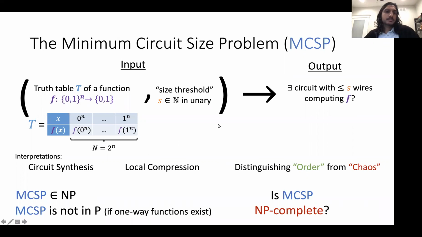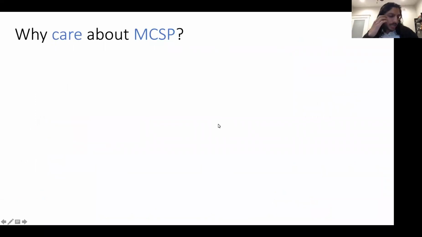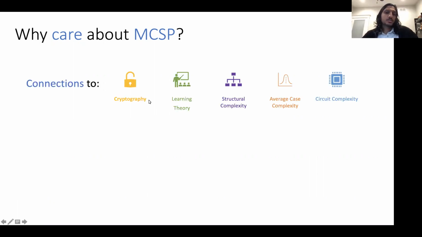Okay, great. And now I just want to come back to what I think is interesting about MCSP, and mention a line of research around MCSP right now that is very exciting. I mentioned that it has connections to cryptography and to learning theory, but I didn't really talk about them much. So I want to tell you about one of the connections involving cryptography.